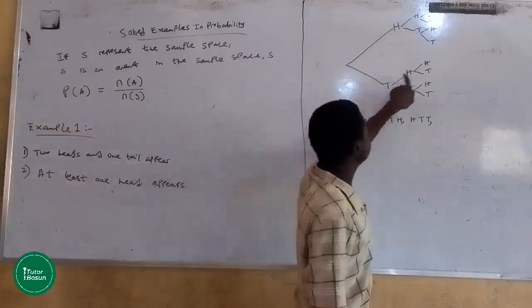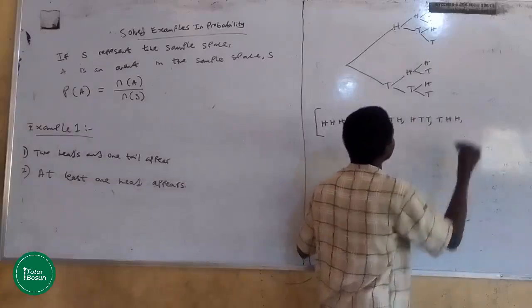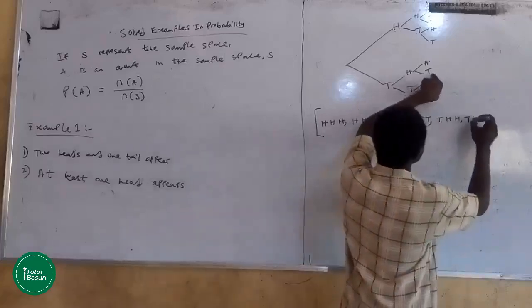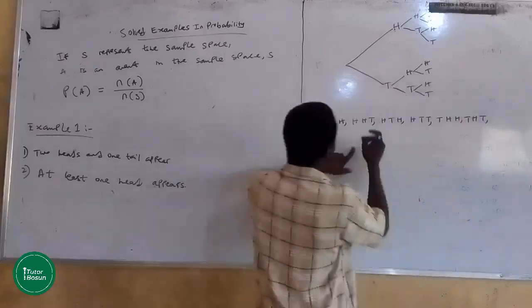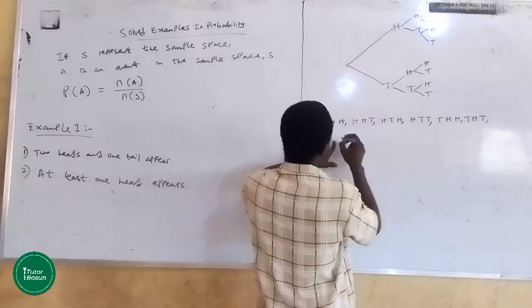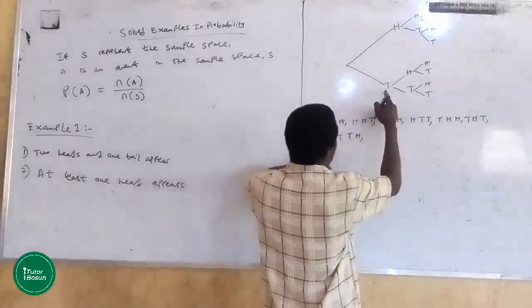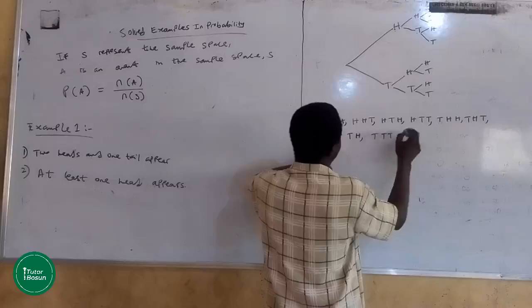Here we have tail, head, head; tail, head, tail; tail, tail, head; and tail, tail, tail.